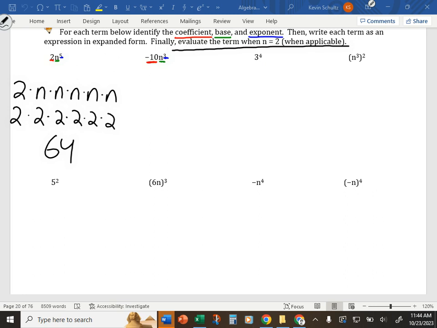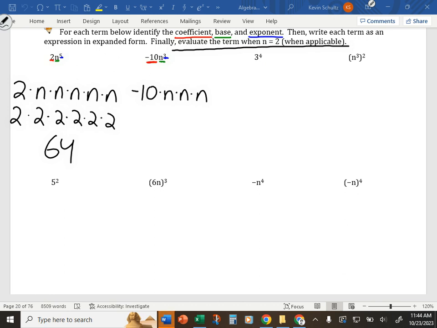How many n's are being multiplied together? How many negative 10s do we have? What is this going to look like? Yeah. Negative 10 times n times n. Good. Negative 10 times n times n times n. Again, only one coefficient. Only one negative 10, and then 3 n's all being multiplied.